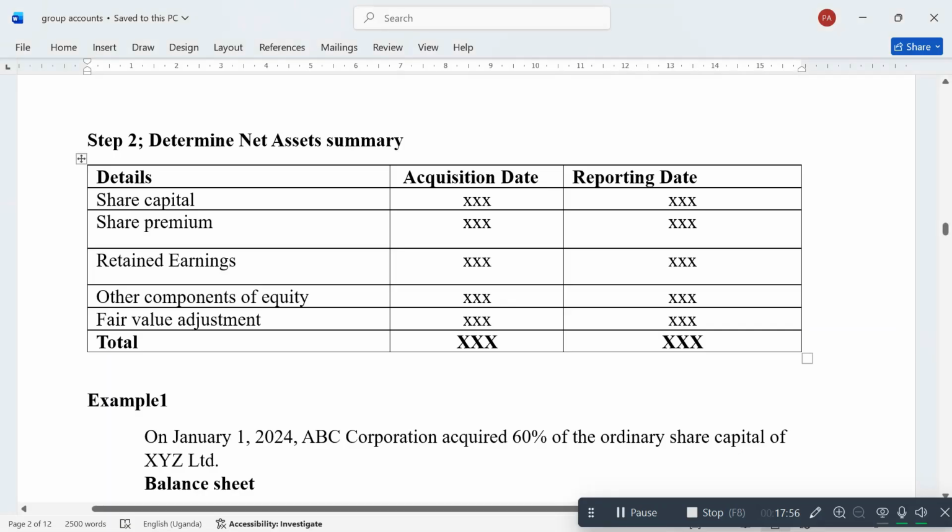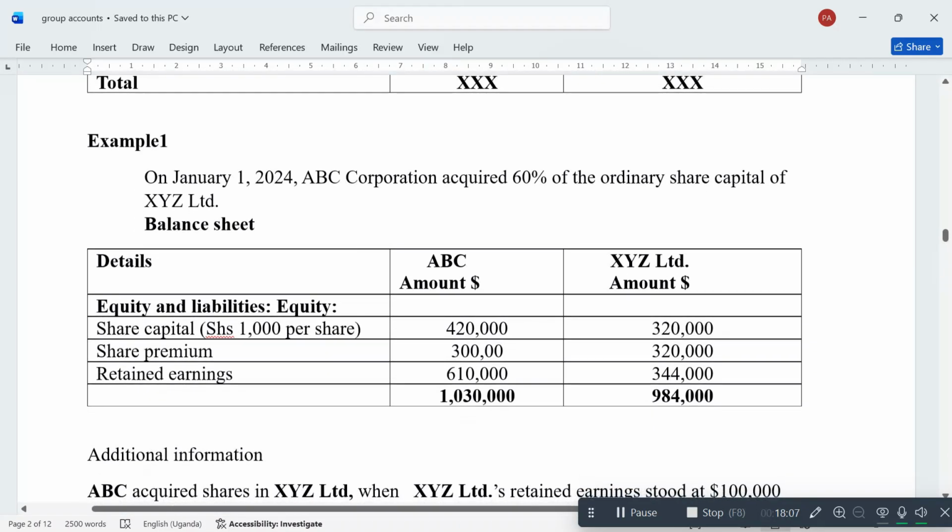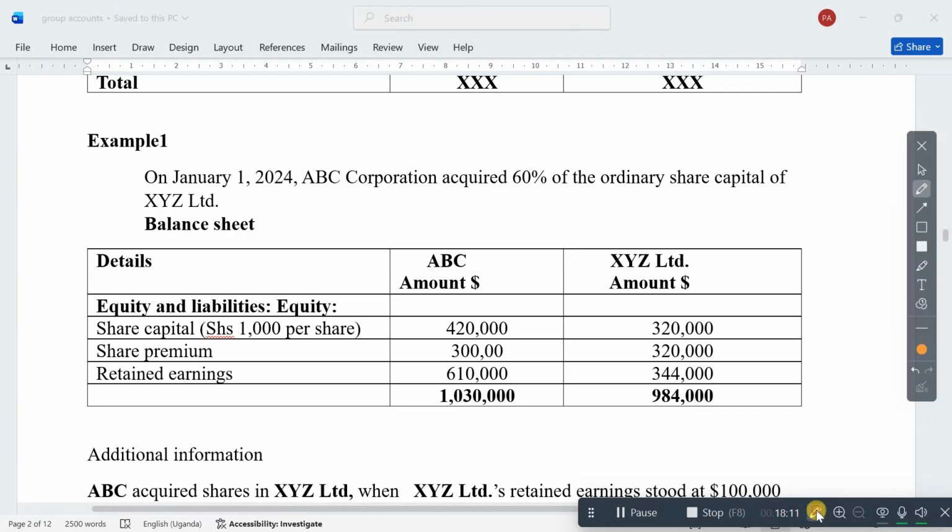Now, you look here. We are taking the components of equity: share capital, share premium, retained earning, other components of equity. Now, for this case, we are handling only these figures we are seeing here for our subsidiary. We shall handle the rest after. Now, the share capital, how much was this share capital? 320.